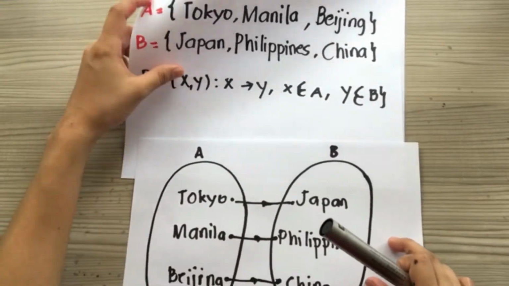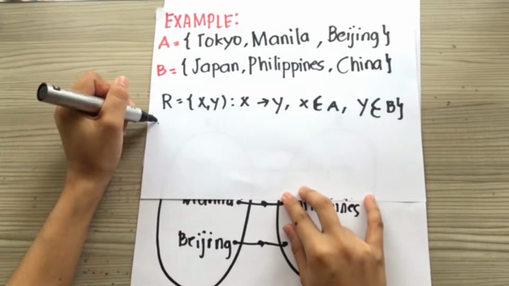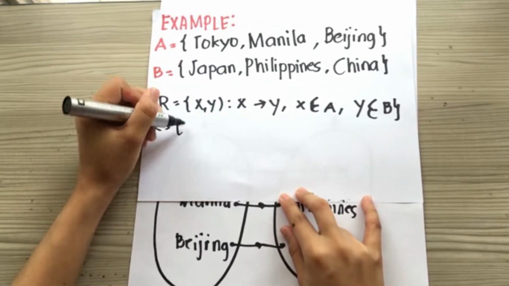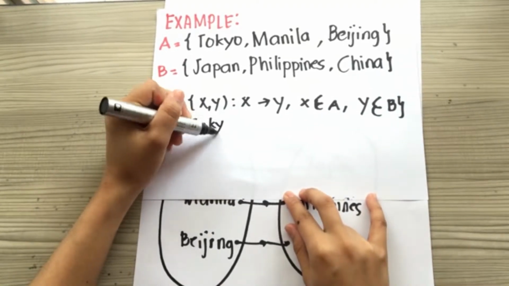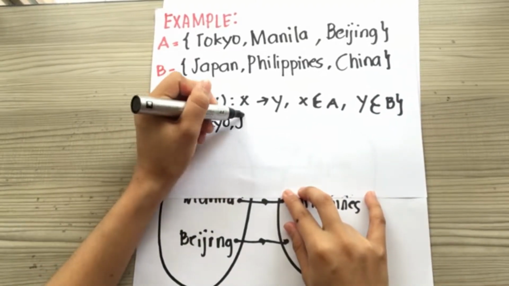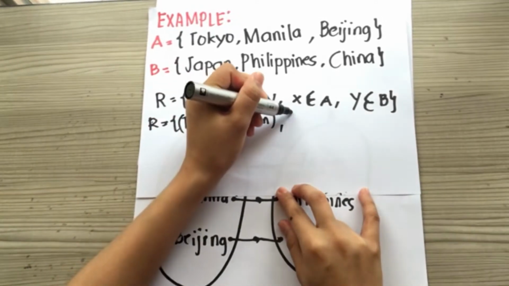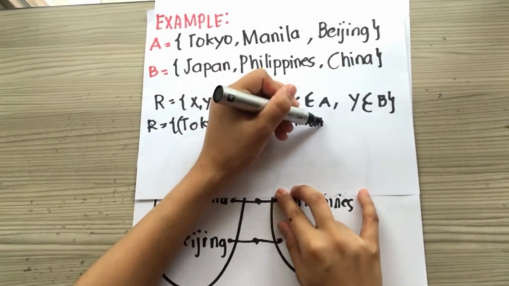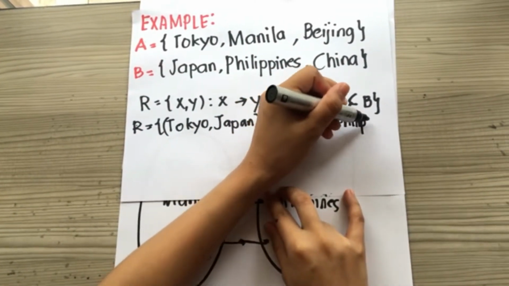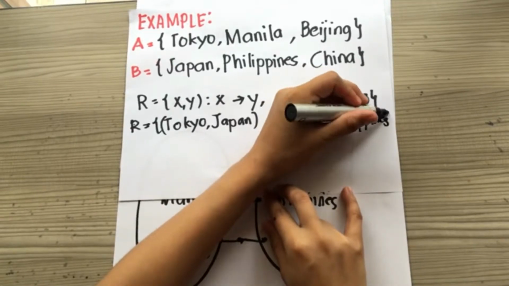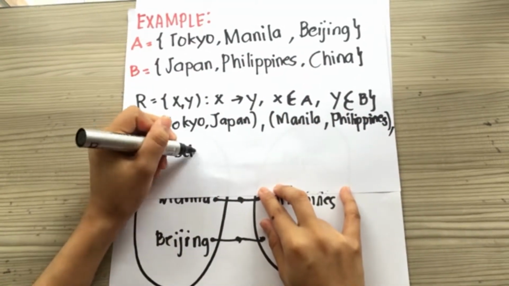To properly write this relation, we write R is equal to the set: (Tokyo, Japan), (Manila, Philippines), (Beijing, China).